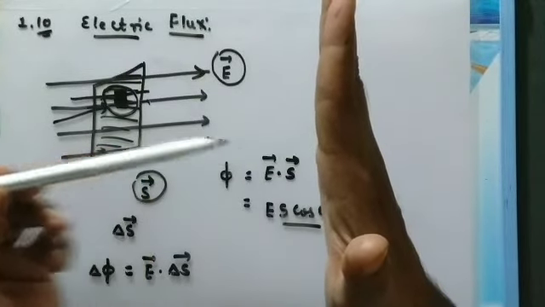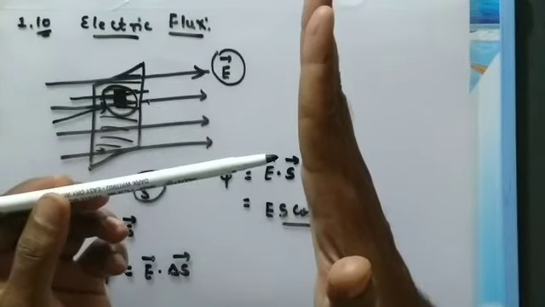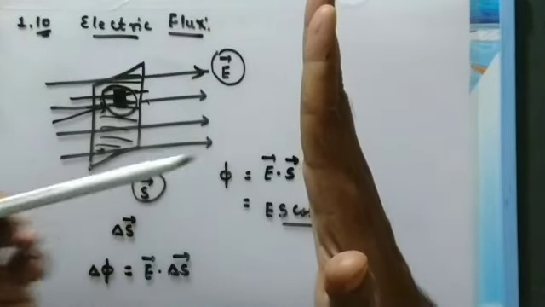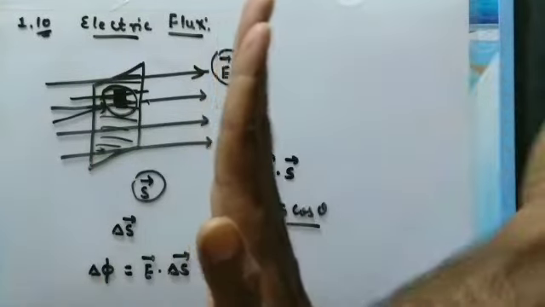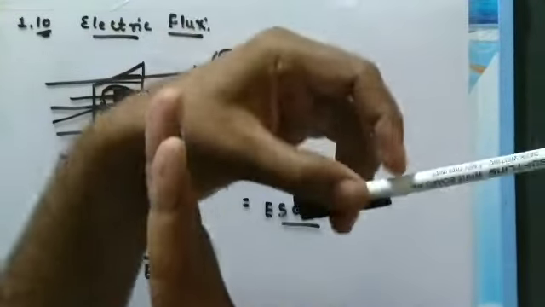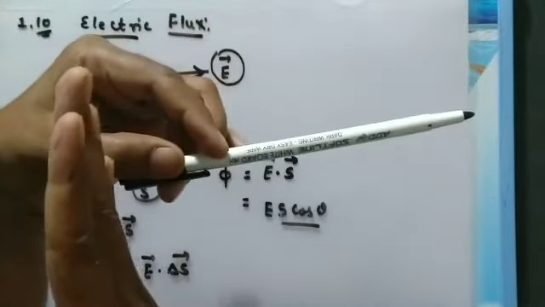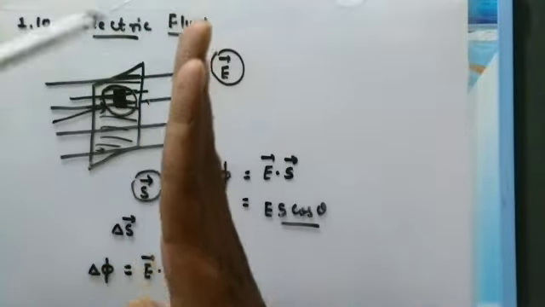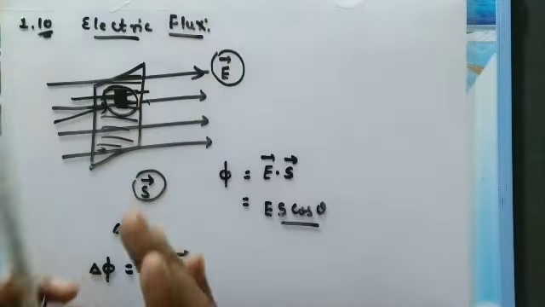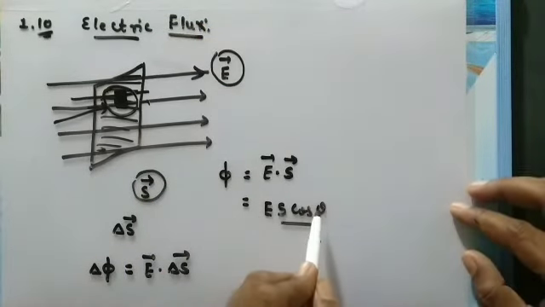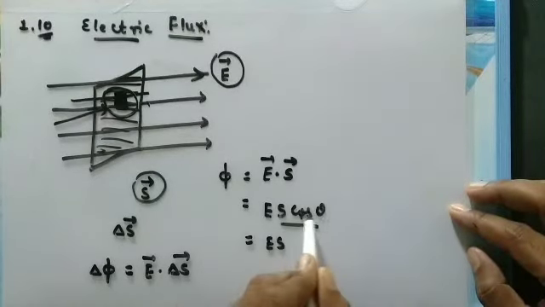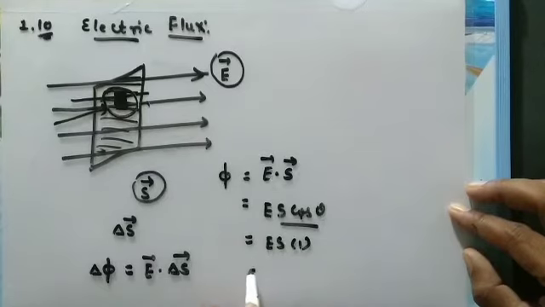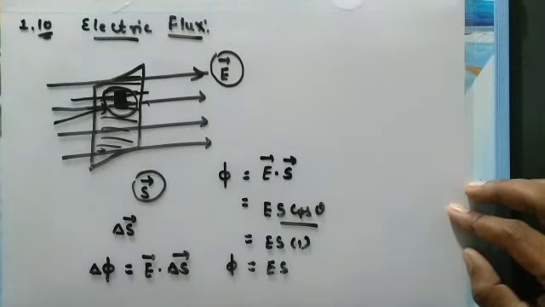So in this case maximum electric field passes, and so the area vector is also like this, in this direction. Electric field and area both are in the same direction, so the angle is 0. And if the angle is 0, then cos 0 is 1. So finally we can say that the flux is E into S.